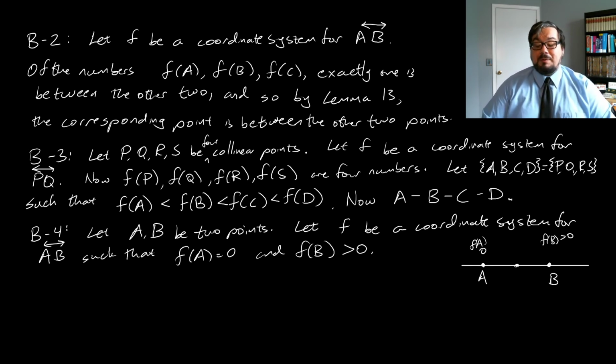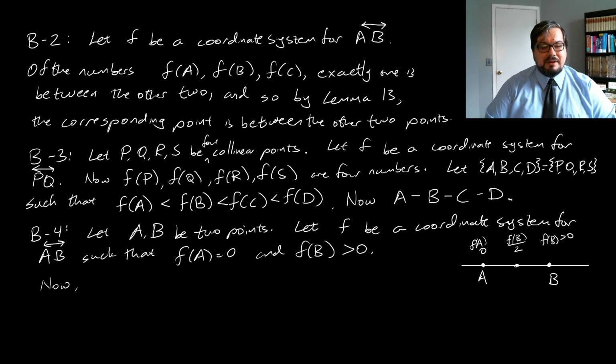Or rather, we want to find some point in between A and C. So we can, for instance, do the following. Whatever the coordinate of B is, F of B, it's a positive number, which means that if we take F of B divided by 2, for instance, that's going to be less than F of B.